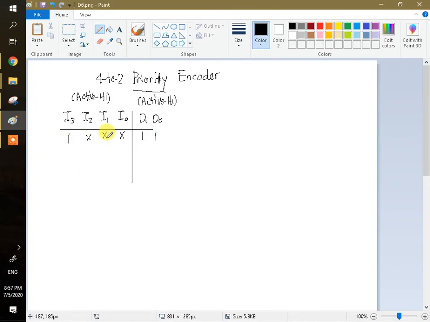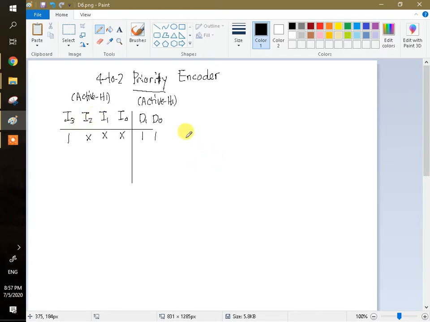So you get the idea of this priority encoder. It means when the number 3 is activated, 2 1 0 don't care anymore whether you activate or you don't activate. We don't care. Okay, we just look at the highest one. This one is called the priority encoder. That number 3 has the highest priority.